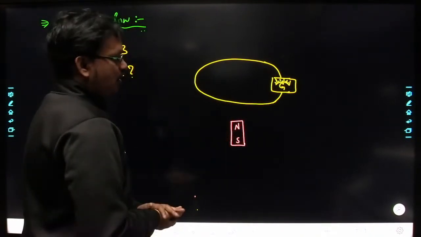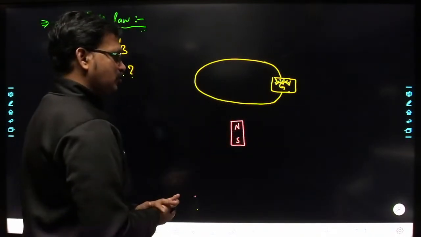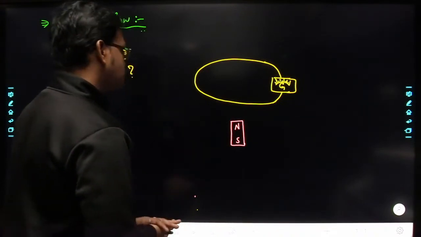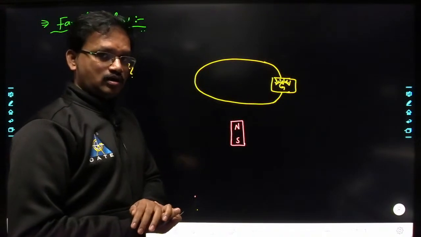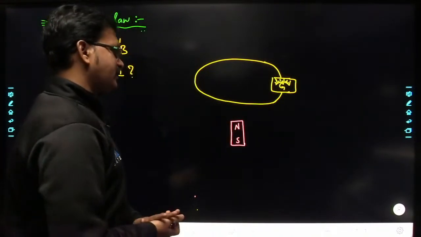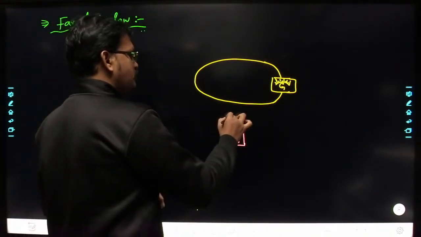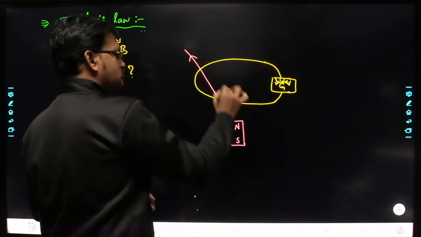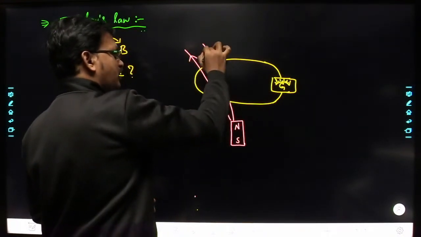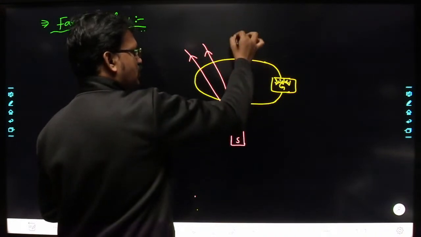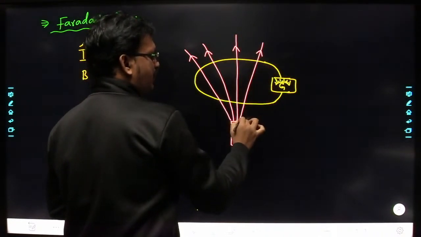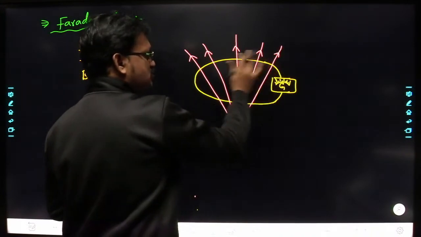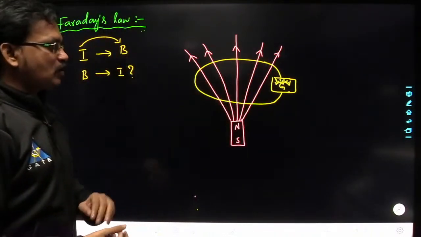Because he wants to know whether this B field in turn can produce the current or not. Whenever you place a magnet here, it is going to set up a B field, and those magnetic field lines are going to penetrate through this loop, right?